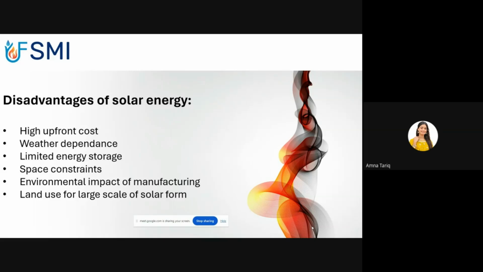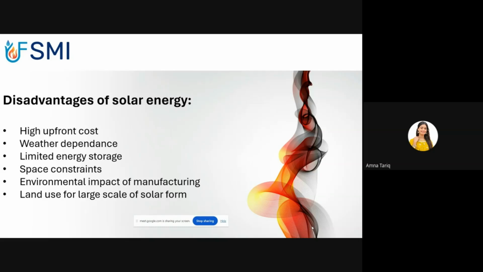Third is limited energy storage. While battery storage technology is improving, storing excess solar energy for nighttime or extended cloudy periods can be expensive. Systems without battery storage may not be suitable for our application.